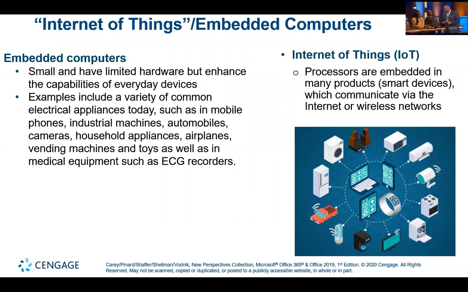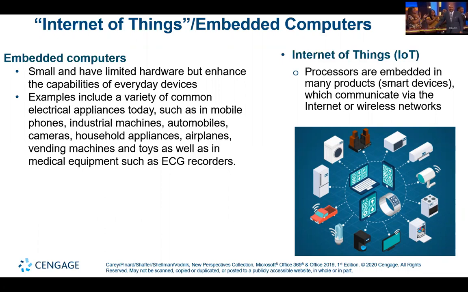So, what are we going to do with all of this computer knowledge? Well, we start embedding it into things that we use every day. And to explain that, we'll say that it's small and they have limited hardware, but enhance the capabilities of everyday devices. Some of those devices can be, say, your refrigerator, your mobile phone, automobiles, airplanes.